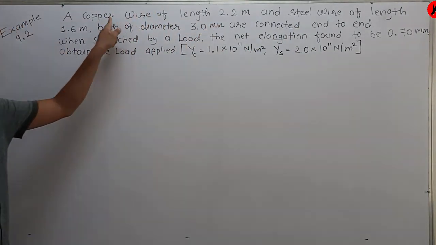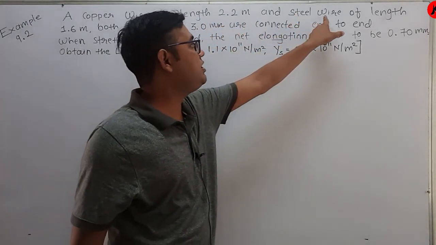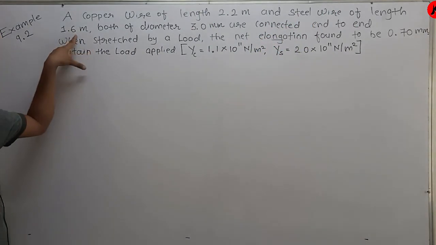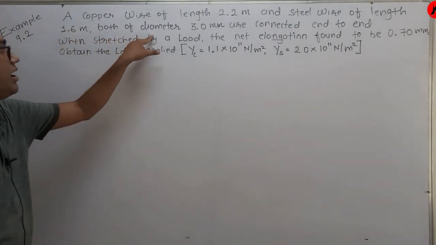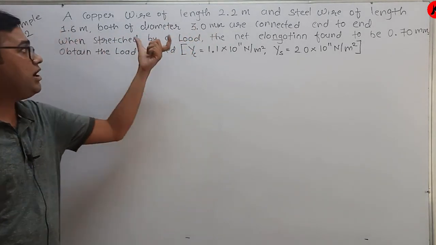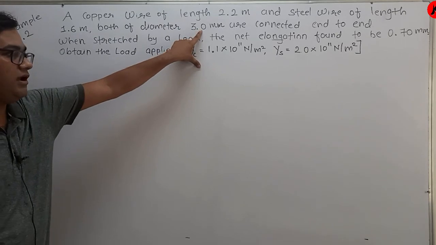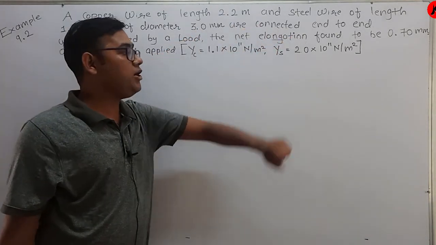The length of the copper wire is given as 2.2 meter and the length of the steel wire is given as 1.6 meter, but both have a diameter of 3 mm.